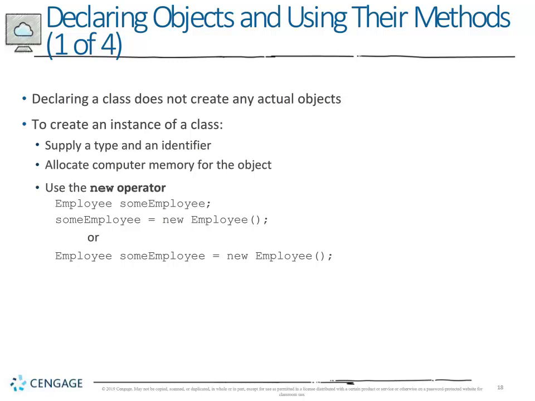Declaring a class doesn't create any actual objects. We need to instantiate an object by using the new keyword. So we can say Employee someEmployee, then someEmployee equal new Employee in parentheses.